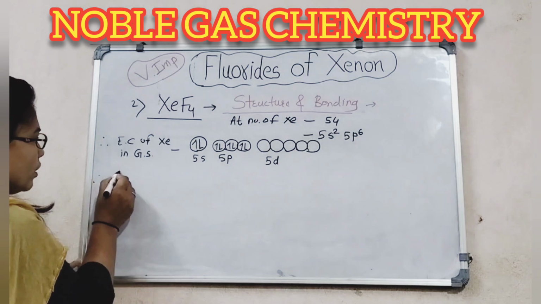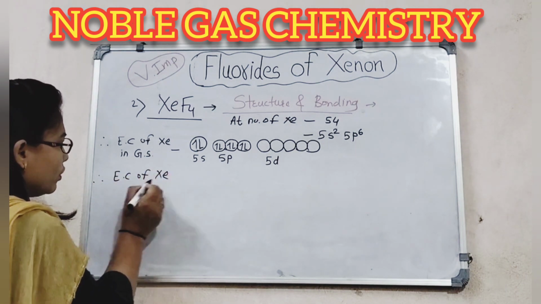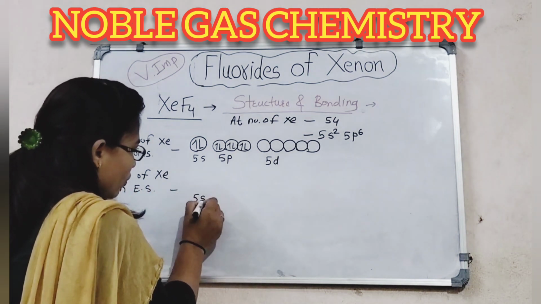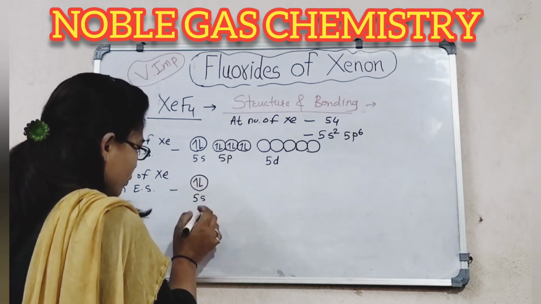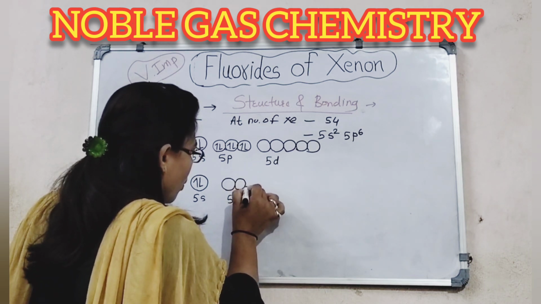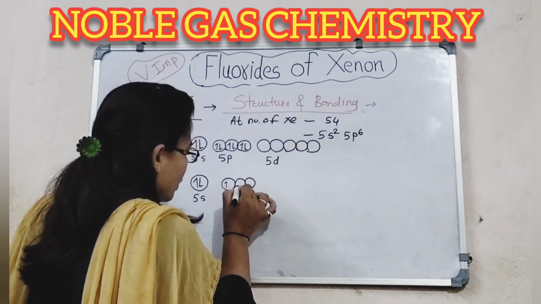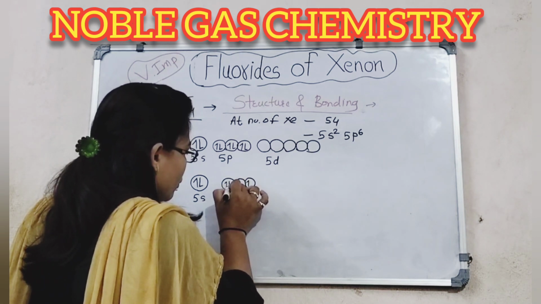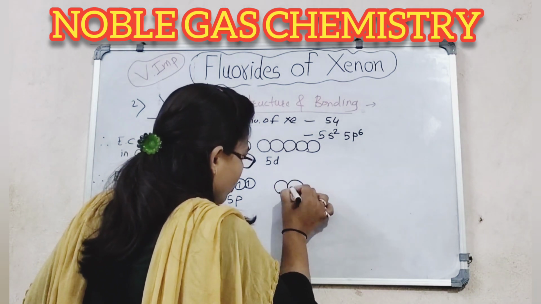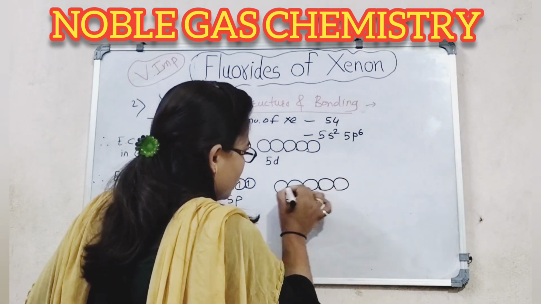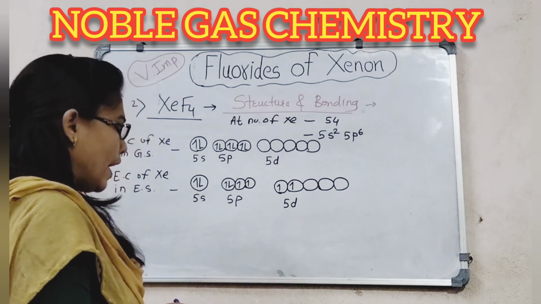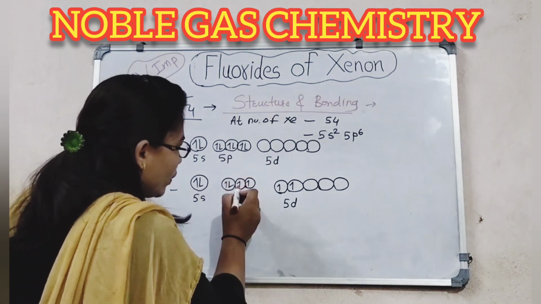So therefore, the electronic configuration of xenon in excited state is 5s2 5p4, 1 2 3 4 and 5d2, 1 2.